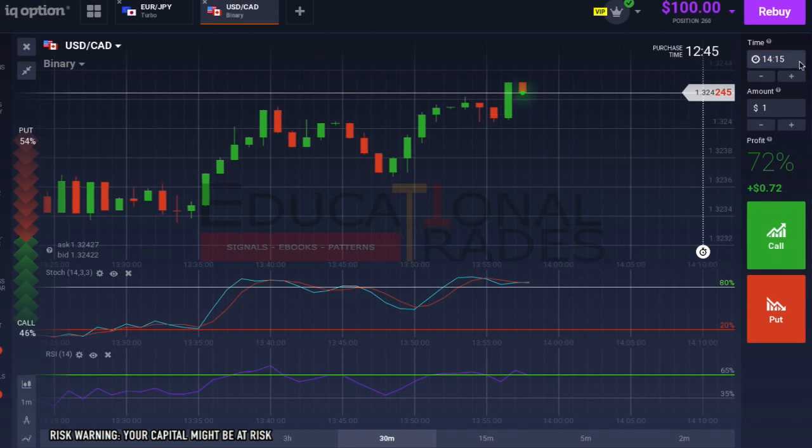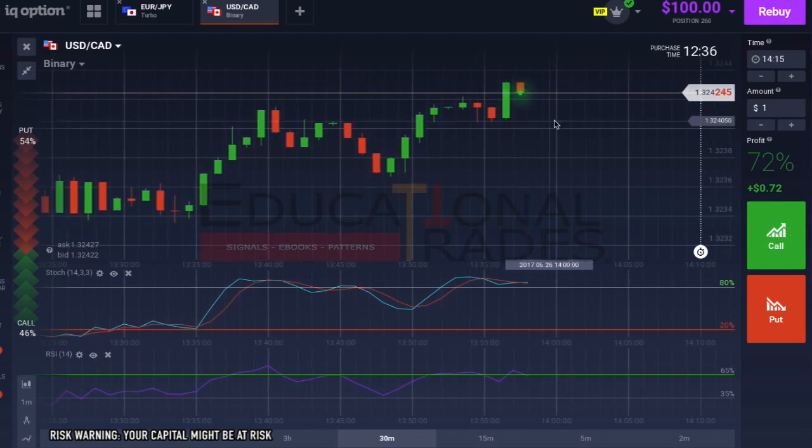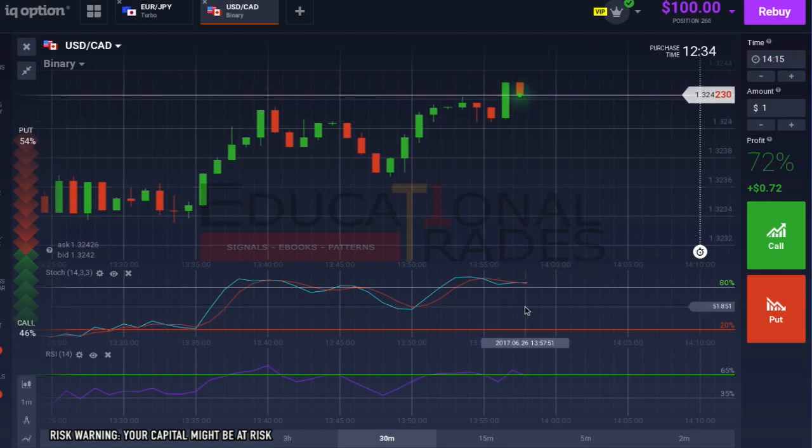Well, friends. Now we must only wait the right moment to entry. On USD CAD, we have a candle that is closing and our 2 indicators are moving in the overzones. We can still enter a position after this candle closed.